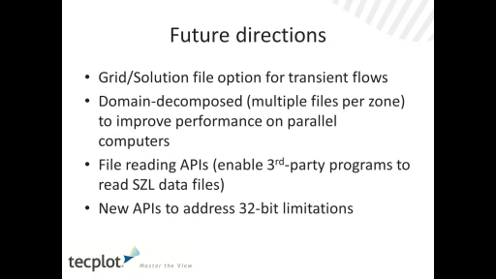And once we're writing files that overflow the 32-bit signed integers, which is about 2 billion cells, we'll need to add new APIs to allow you to enter those larger zone sizes in your call to TecZNE, because currently all the TecIO APIs take 32-bit integers. So we'll have to expand that to 64-bit integer APIs.